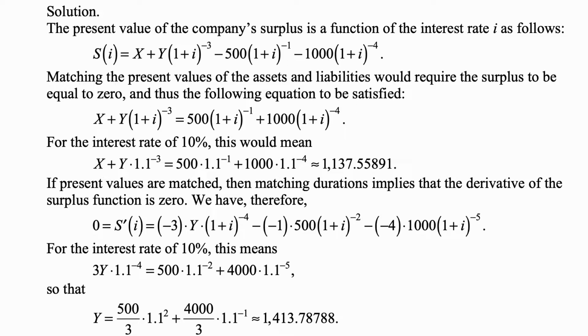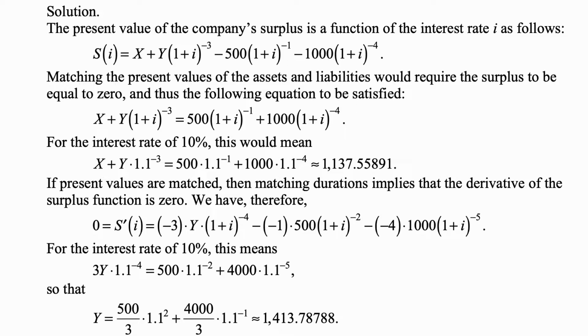And we are given that the interest rate is 10%, and that would mean that X plus Y times 1.1 to the negative 3 must be equal to 500 times 1.1 to the negative 1 plus 1,000 times 1.1 to the negative 4. The sum of those two expressions is approximately equal to 1,137.55891.